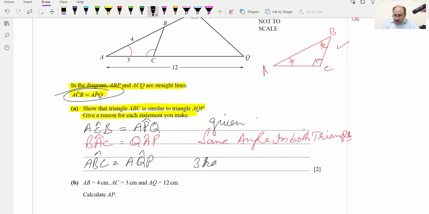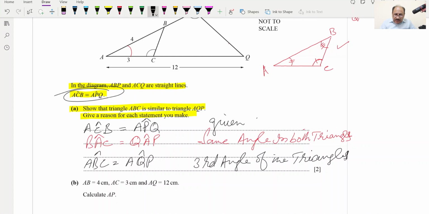Third angle of the triangles. So it means two angles are same, so third angle will be same.